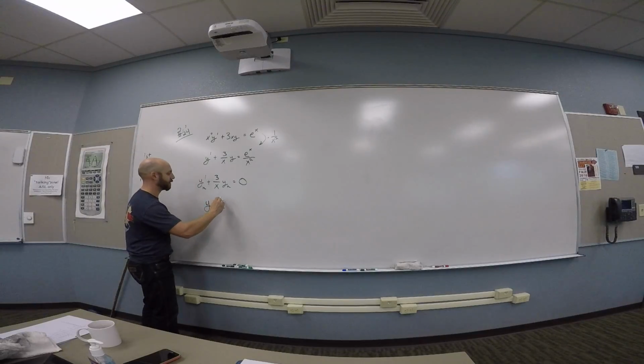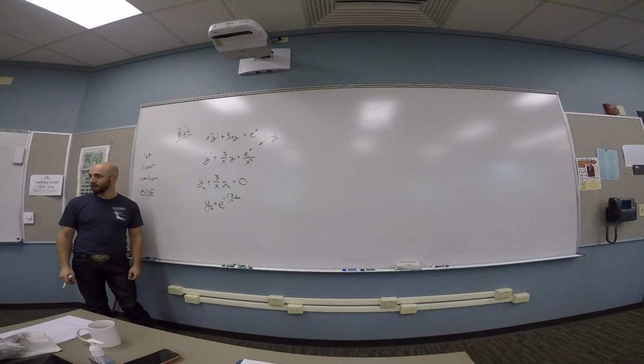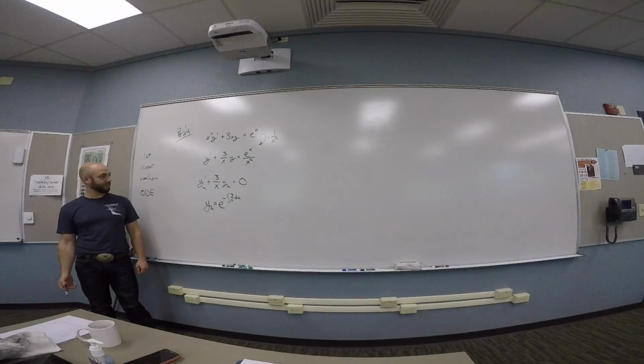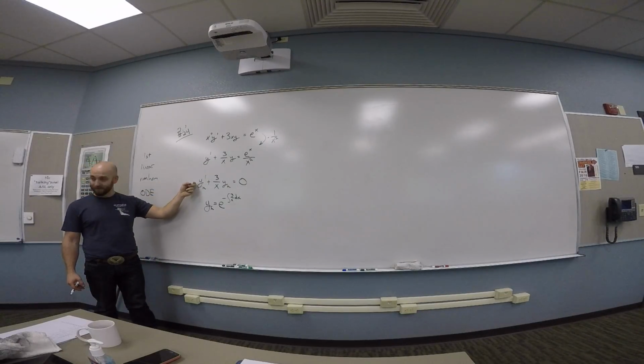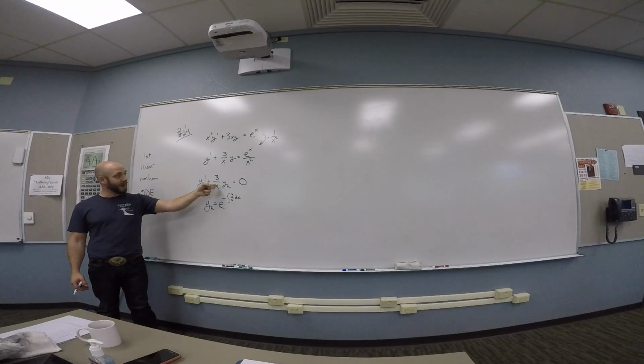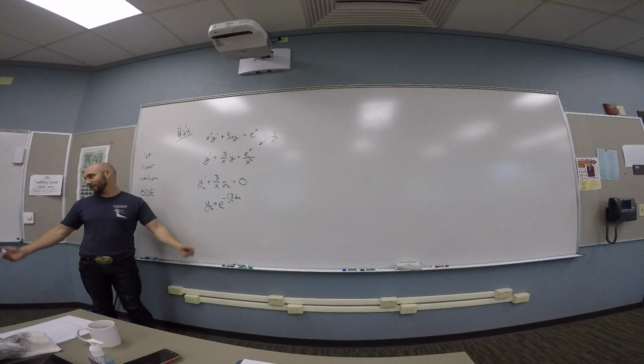It should be e to the minus integral of 3 over x dx. And if you didn't do this, you would have an x squared here and a 3x here, and you would say to yourself, I should divide by x squared, and you'll get to the same spot.